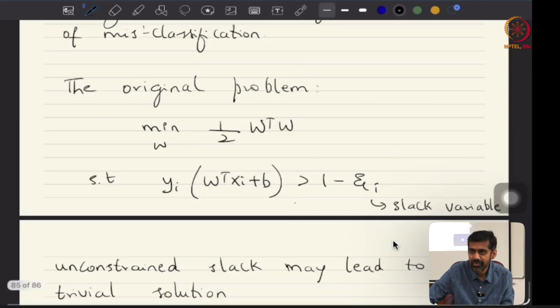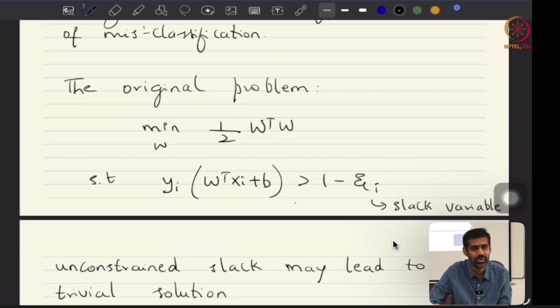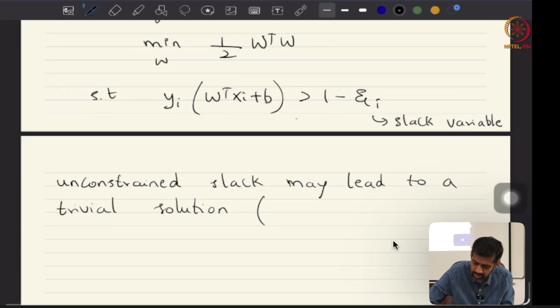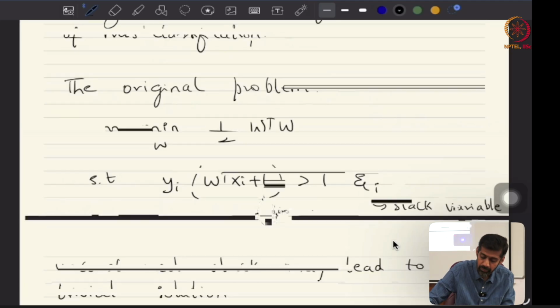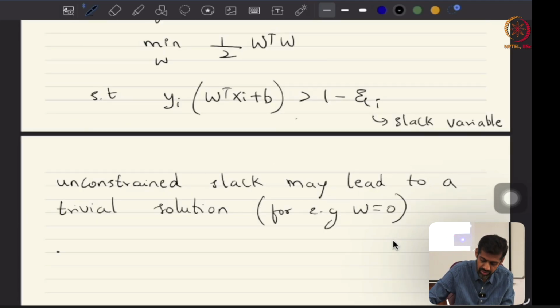Mathematically speaking, it can make w to be 0, make your w to be a 0 vector. So everything is misclassified, right? Okay, fine. I'll choose my xi to be minus xi or something, and adjust it accordingly, so that all mistakes are accounted for, right? The trivial solution, for instance, w equal to 0. Okay. Therefore, solve a constrained version.